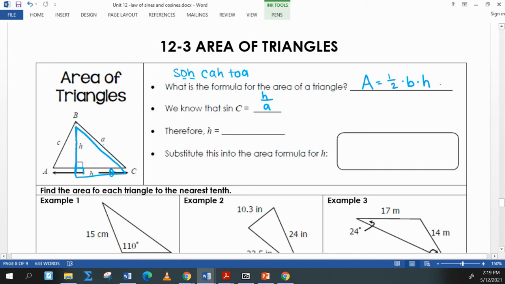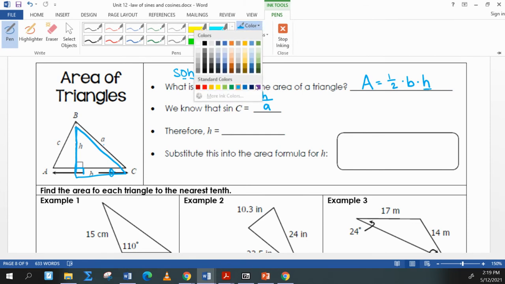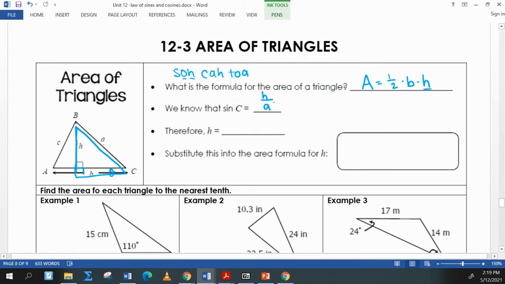And then what they want to do is substitute something in for H, because H was not part of the original triangle. So they said, okay, go ahead and just solve for H. It's divided by A, so we're going to multiply both sides by A. So sine of C times A, those A's just divide off. So H is equal to A times the sine of angle C right there.